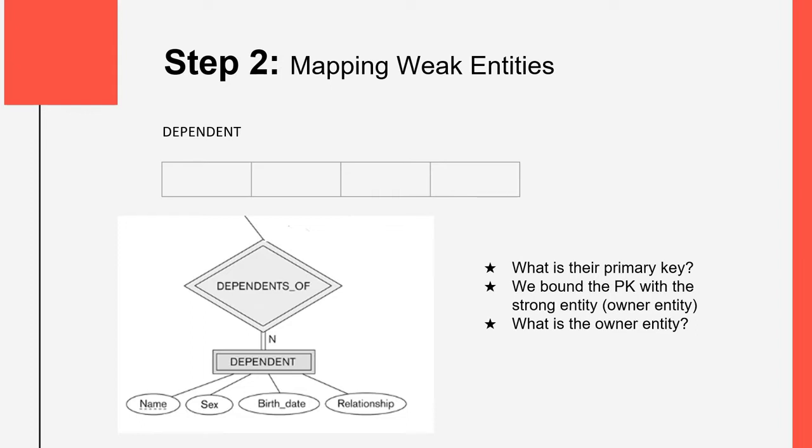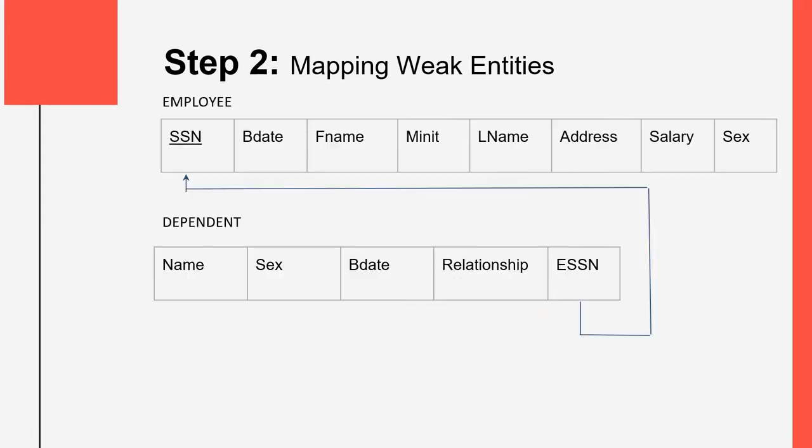So here, what is the primary key? To identify which primary key we will use, we will bind it with the strong entity, which is referred to as the owner entity. What is the owner entity? The owner entity is the employee.